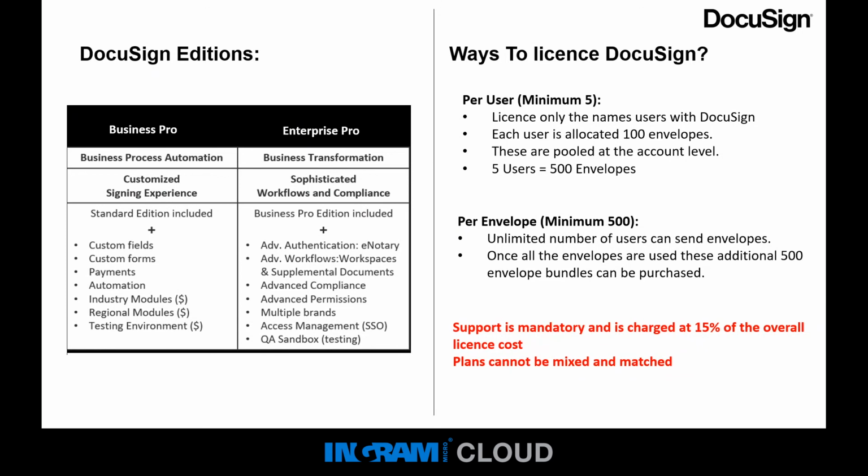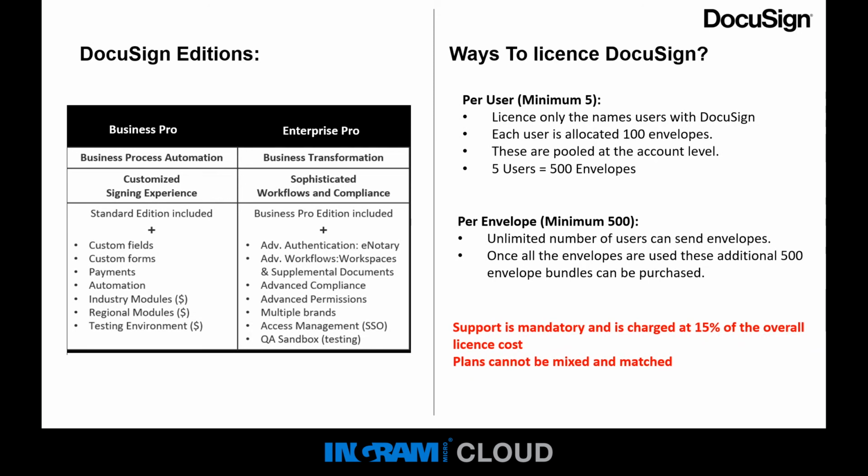And then the next tier up from that is Enterprise Pro. It has all of the features and functionality of Business Pro, but this is where it has your advanced workflows and your advanced compliancy features as well. So if you're going to be using something like qualified electronic signature, then you're probably going to go down the Enterprise Pro route for your signature base.